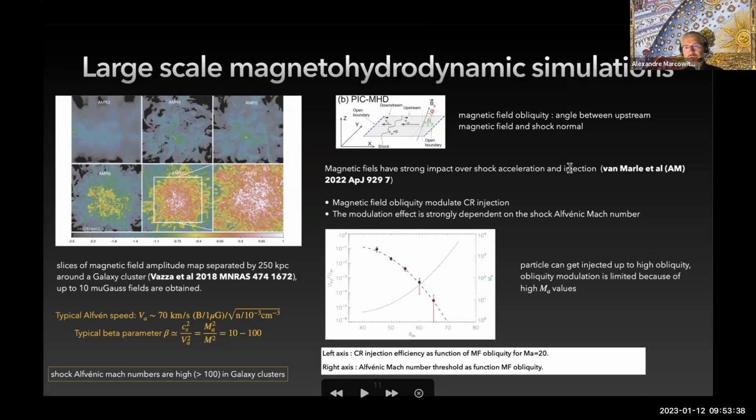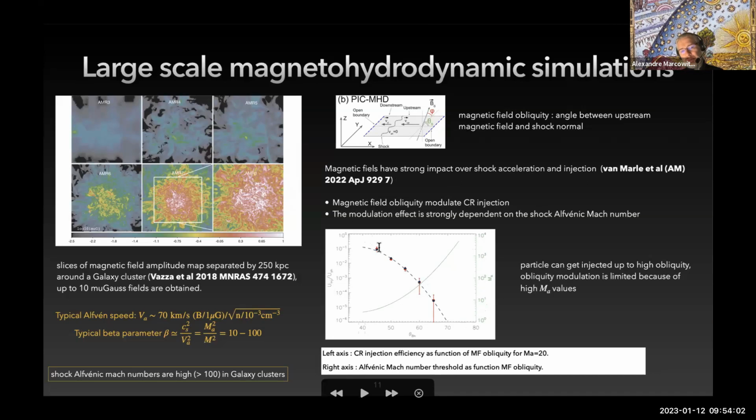Here I show you some results of a paper we recently published, which investigates this more deeply, depending on the Alfvénic Mach number of the shock. On the left, you have the solution for an Alfvénic Mach number of about 20, and the effect of the obliquity of the magnetic field on the particle injection.